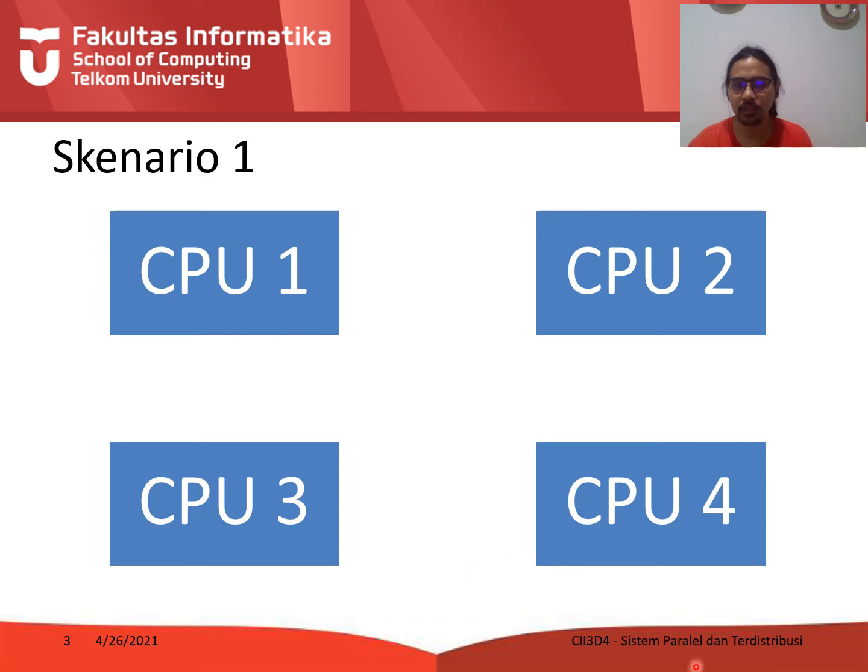In the first scenario, there is only one memory. Let's imagine there is a memory in the middle. There is only one memory, and all of the CPUs use this same memory.